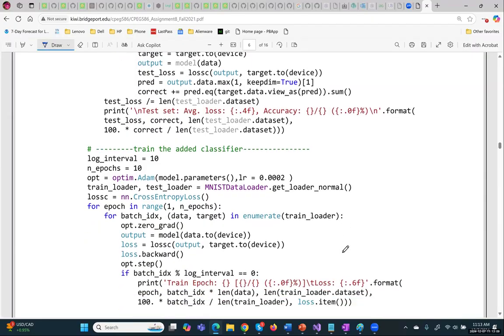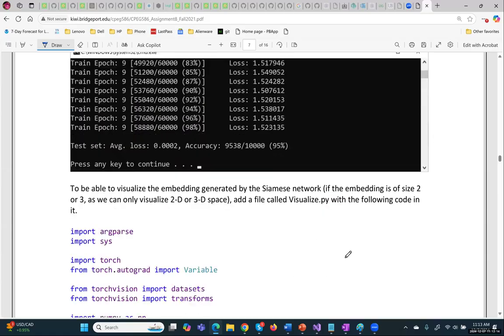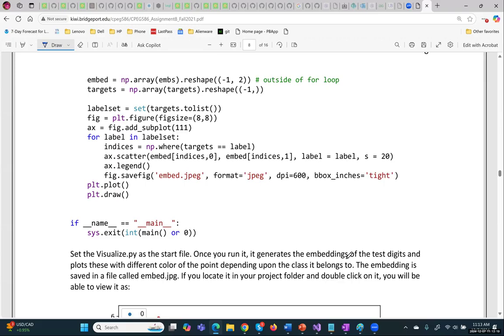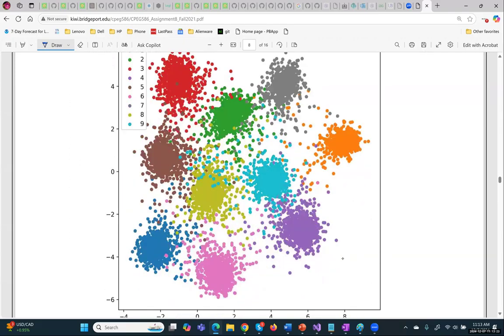Then we can also create a slightly better network, which I briefly talked about in one of the previous lectures, but hopefully you'll understand it better. By the way, these are the clusters produced if we pick the latent to be 2 dimensions so that we can visualize it. Just 2 numbers in the latent, 2 by 1, and then we plot the latent. You'll see how the clustering is produced for the different digits.